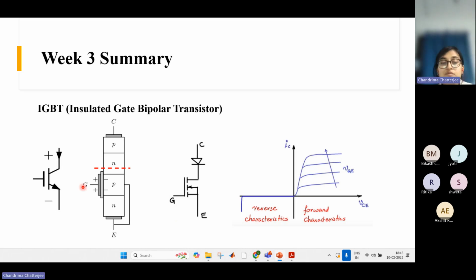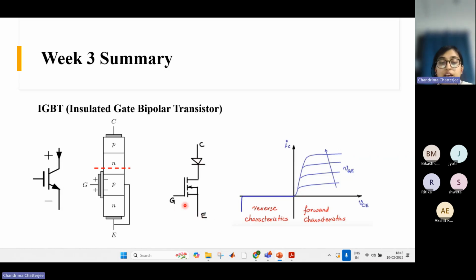And if you kind of divide it here, if you just draw a line, you can see there is a PN junction. This PN junction we can represent as a diode, and then you have an NPN stack, which is kind of similar to a MOSFET. So you can represent an IGBT like this, a diode in series with a MOSFET.